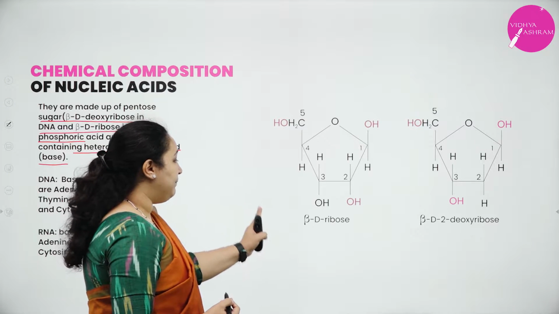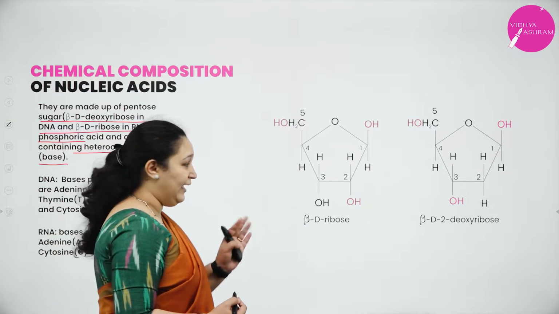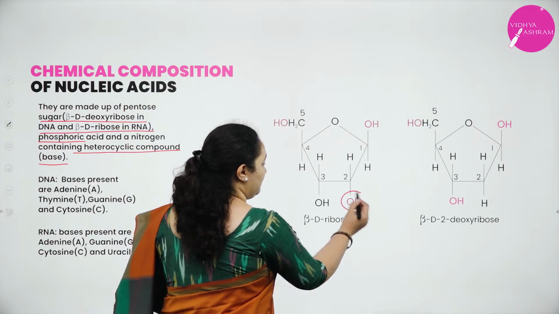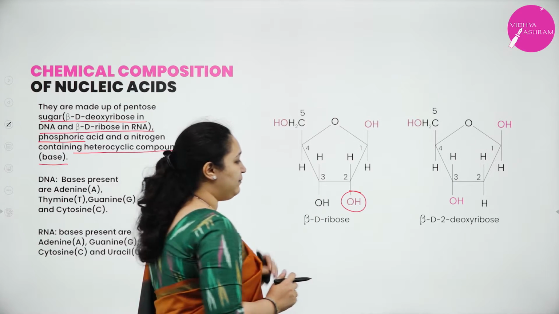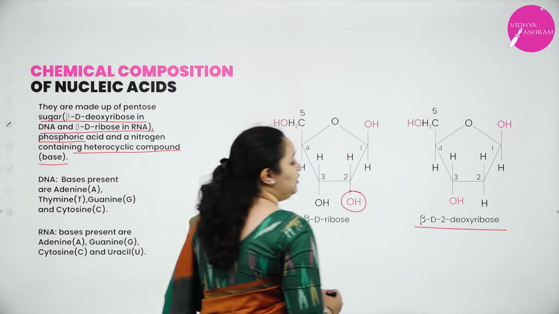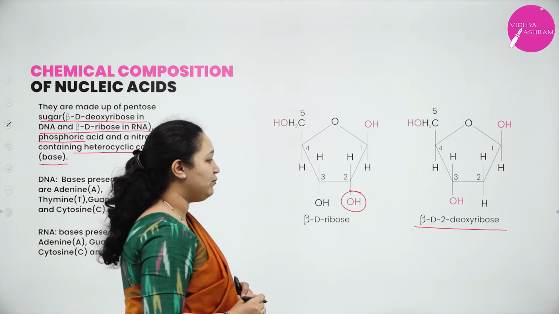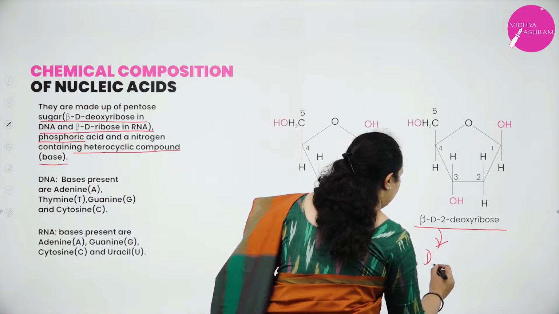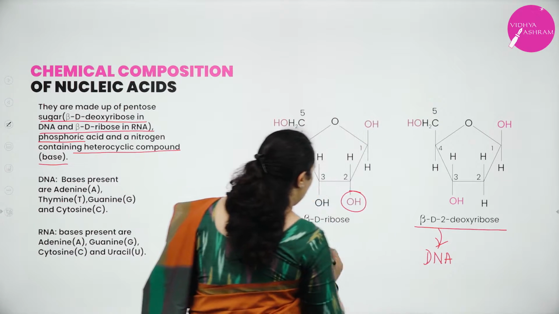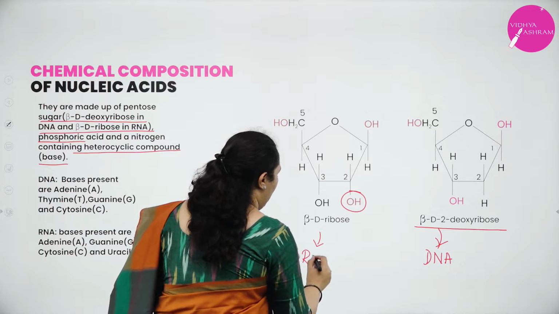So this is beta D ribose. If the oxygen in the second position is missing, then it becomes beta D 2 deoxyribose, which is present in DNA, and this is the one which is present in RNA.